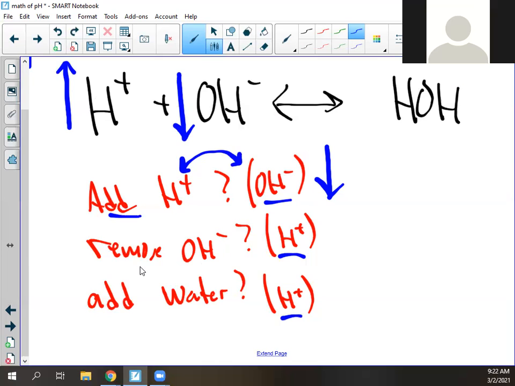Right here. I guess it looks more like remix than remove. Sorry. Did that make it worse? I don't know what to do. How about I go like this?